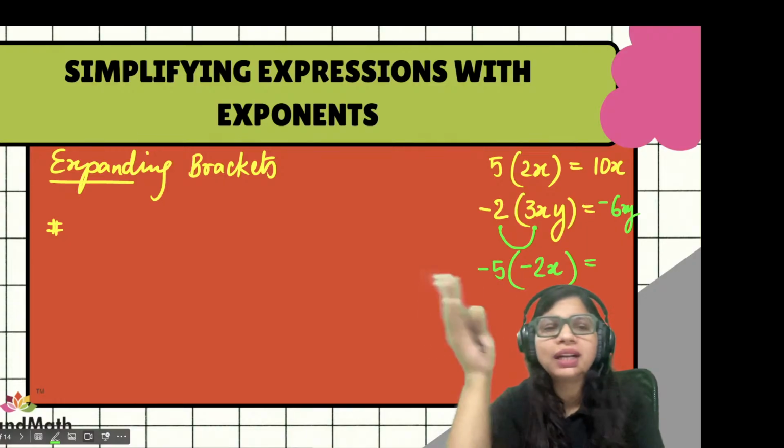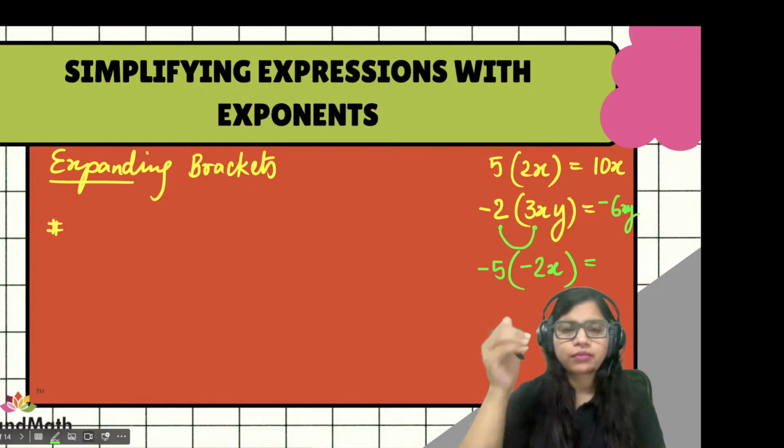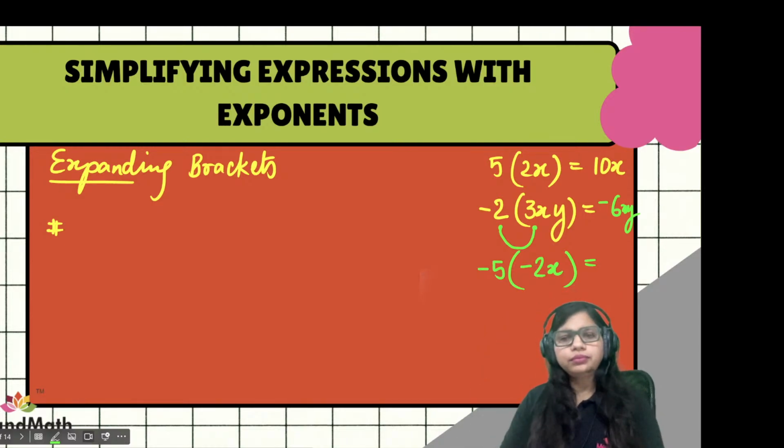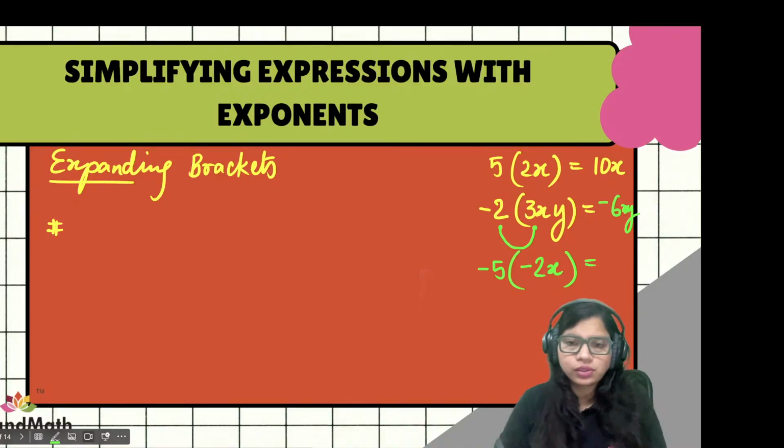This is like multiplying monomials because a single expression is there. The third one. 10x, okay. A positive 10x, right? Okay.